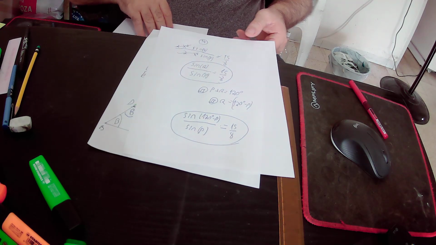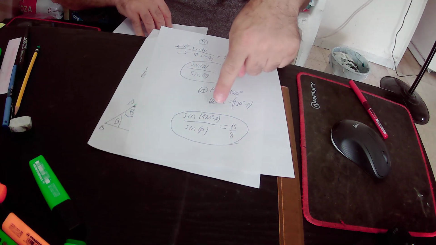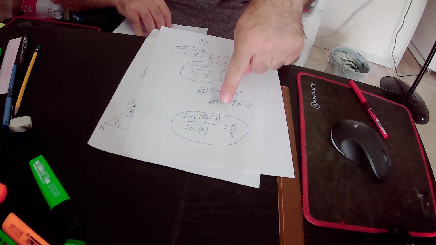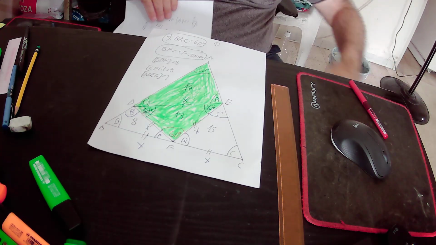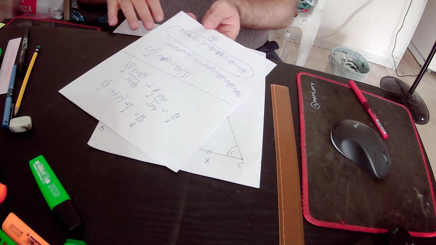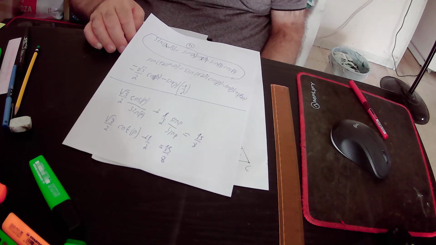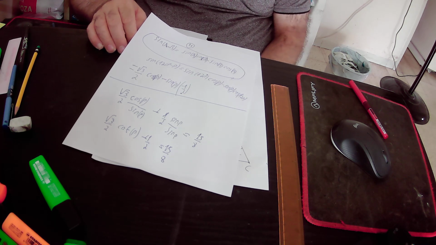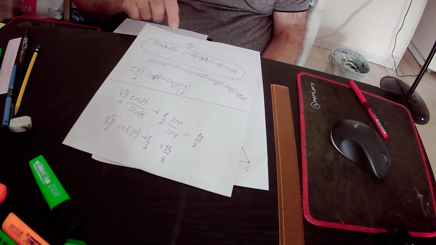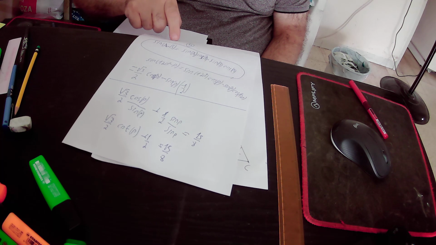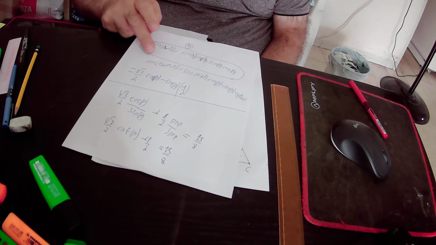And we calculated the value of sine of 120 degrees minus p according to the trigonometric identity that sine of a minus b equals sine a cosine b minus sine b cosine a, and we used this identity in order to calculate the value of sine of 120 degrees minus p.